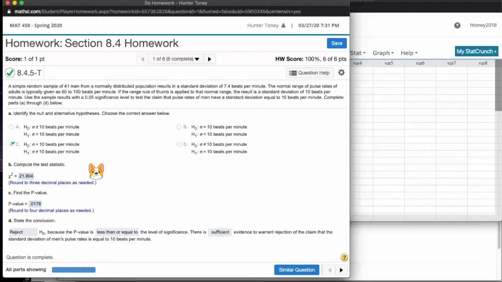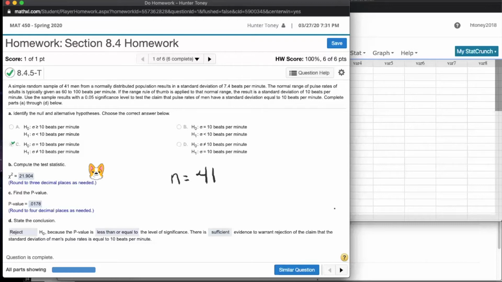So let's pull out what we have. So what we know is we have an N, or total number of people, as 41. And they tell us that we have a standard deviation for our sample.